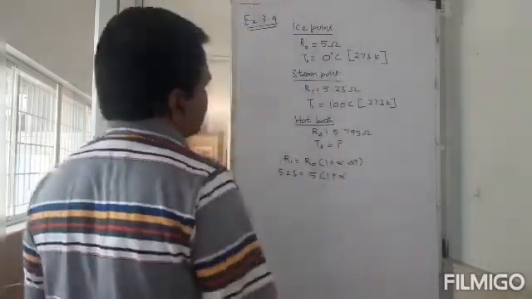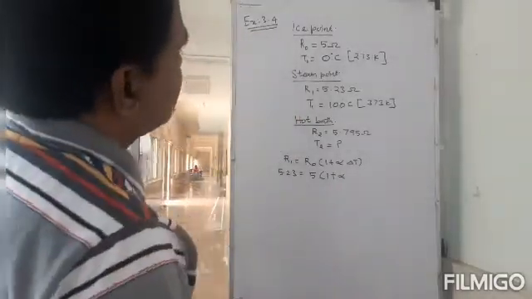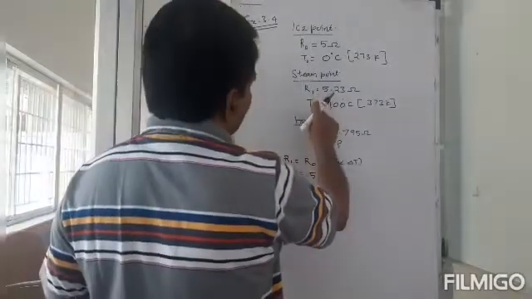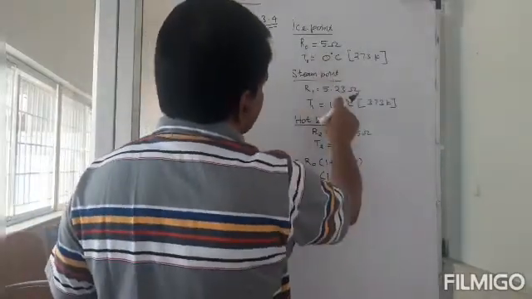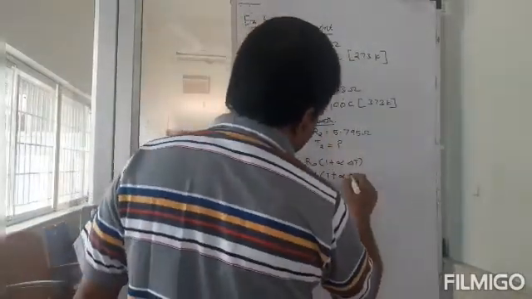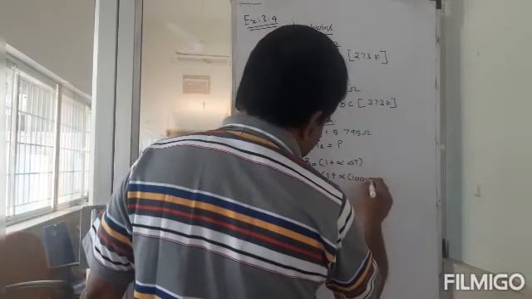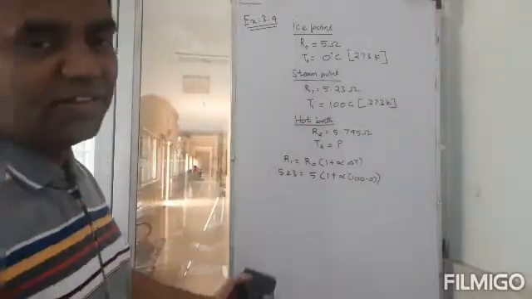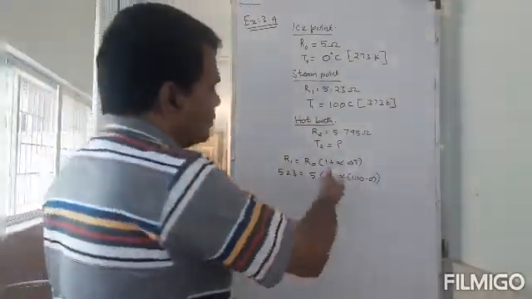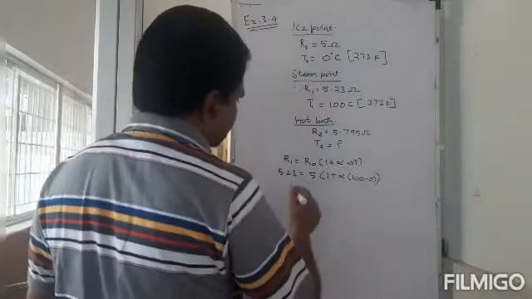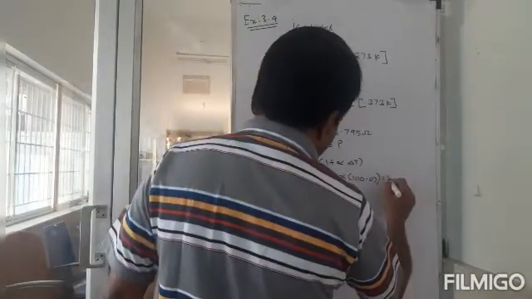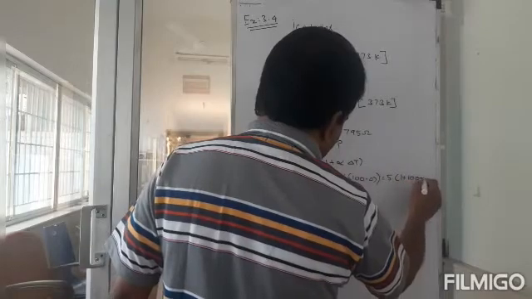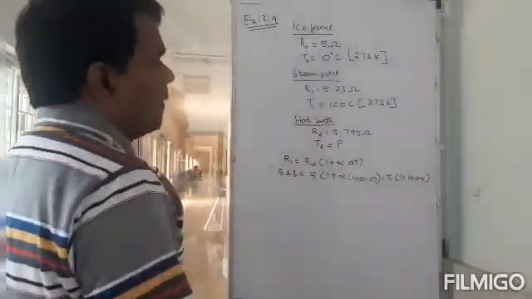And delta T is the temperature difference, T1 minus T0. That would be 100 minus 0, or 373 minus 273 Kelvin. Either way, you're going to get 100 only. So that gives you 5 into 1 plus 100 alpha.